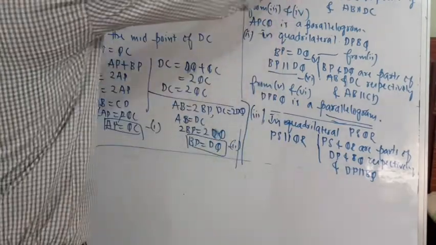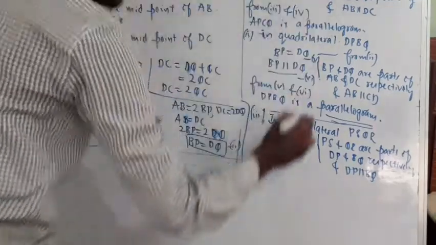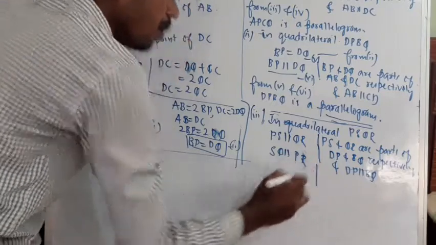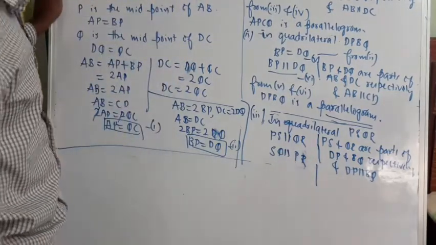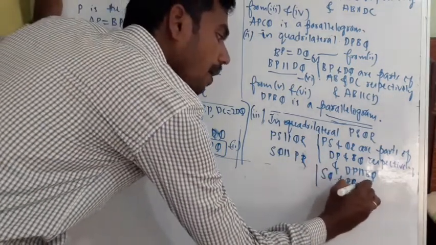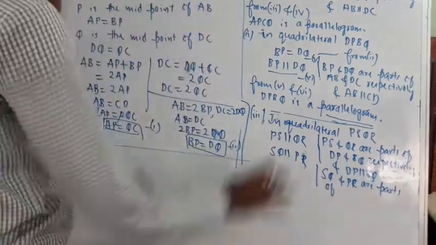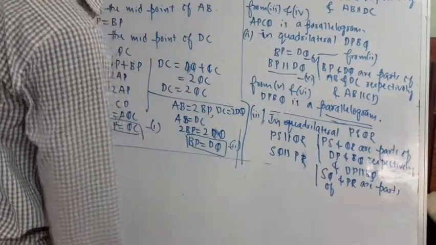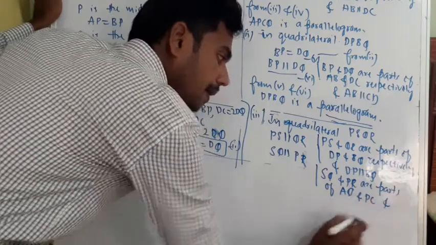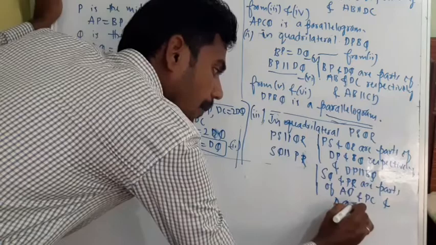Next, SQ is parallel to PR. Why? So we need to write a reason. What reason do I need to write? See, SQ and PR are parts of AQ and PC, and AQ is parallel to PC.